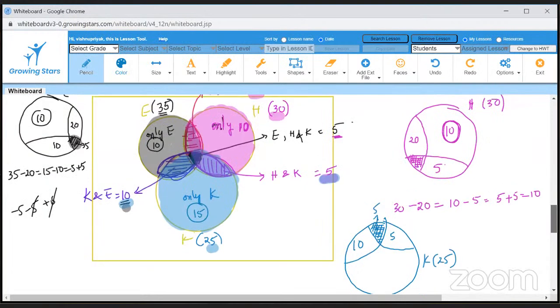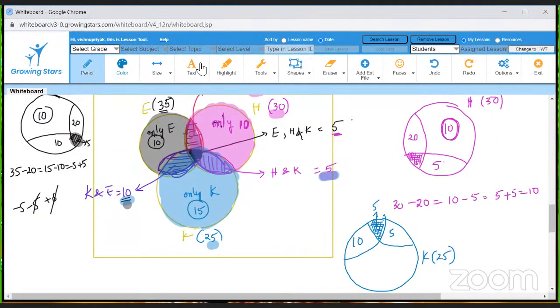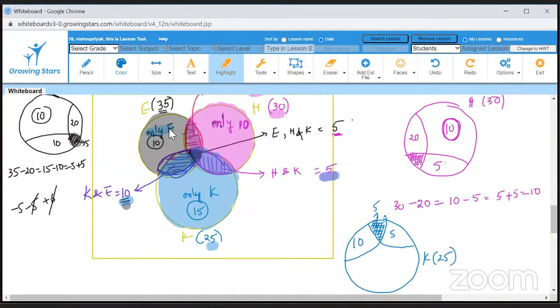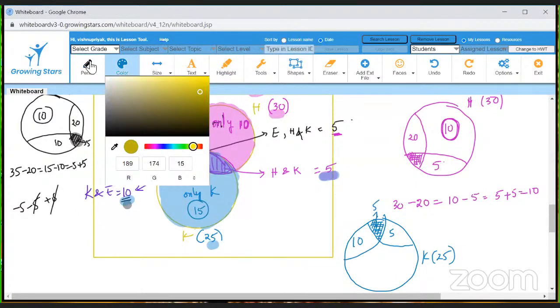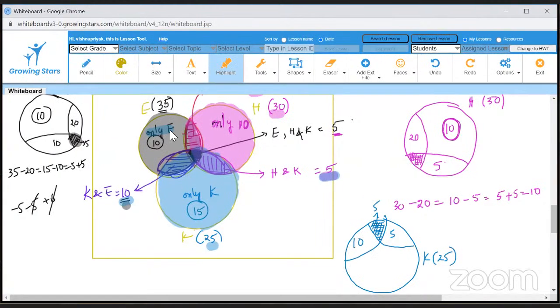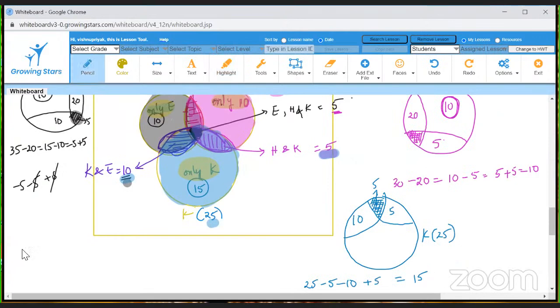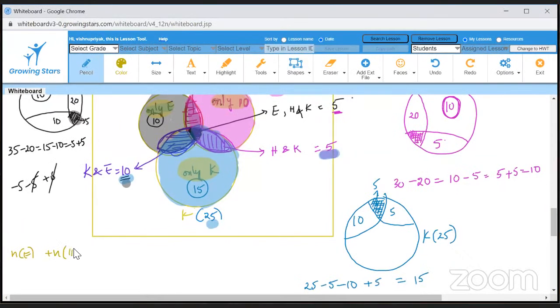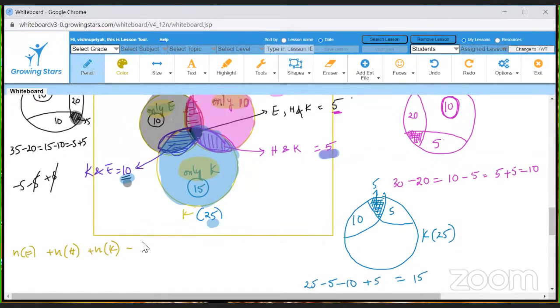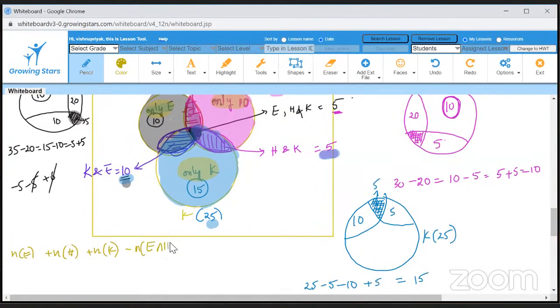So what I did here, if someone will ask you, I want only one language speaking people, then what I have to do? I have to take total English people, total Hindi people, total Kannada people. From that, I will subtract those who are speaking English and Hindi.